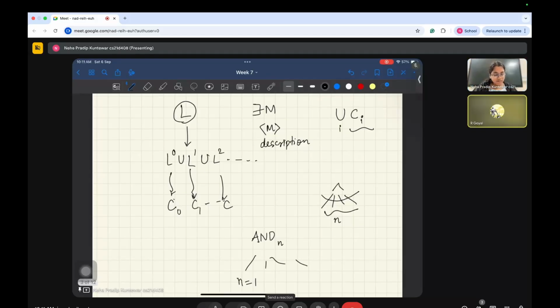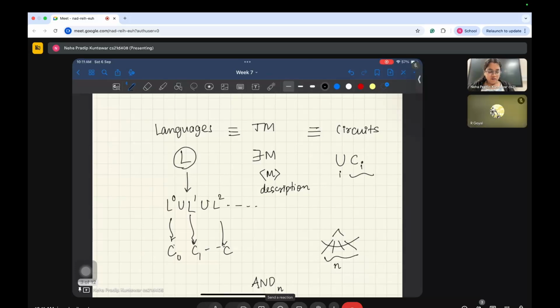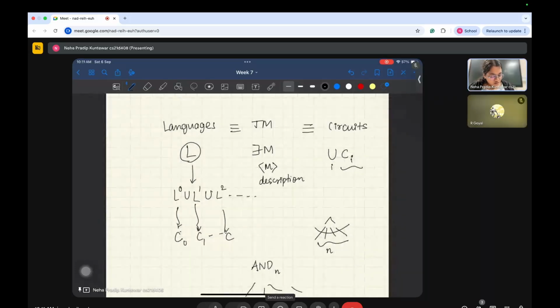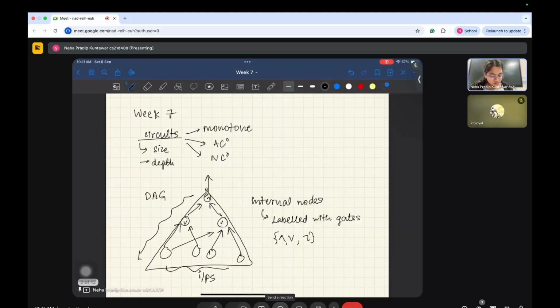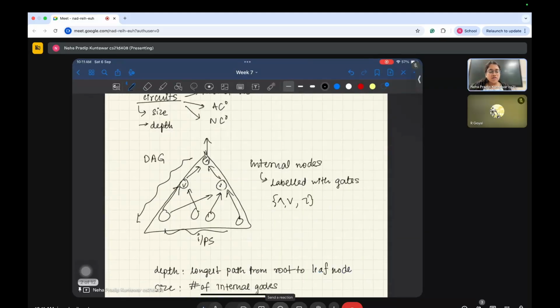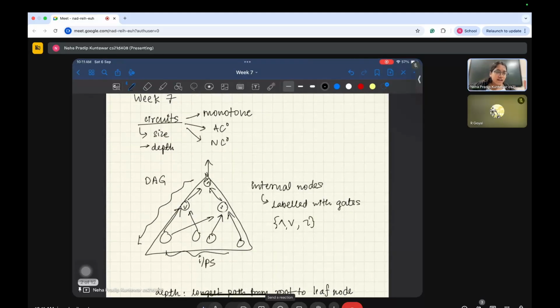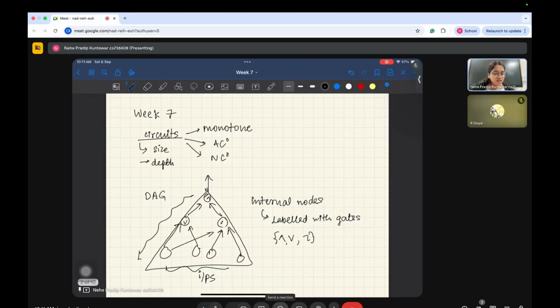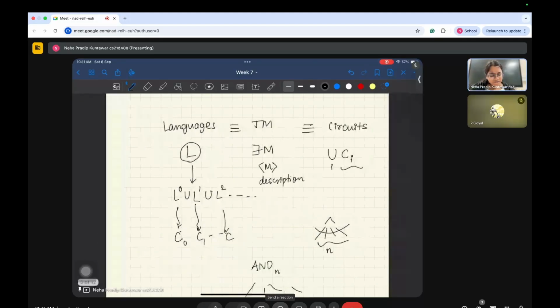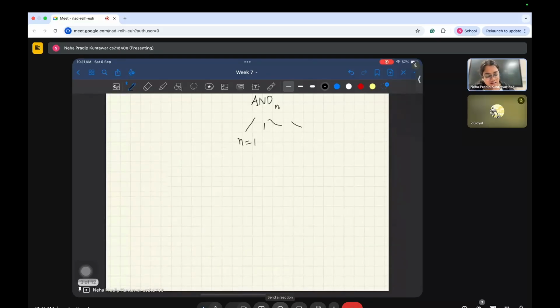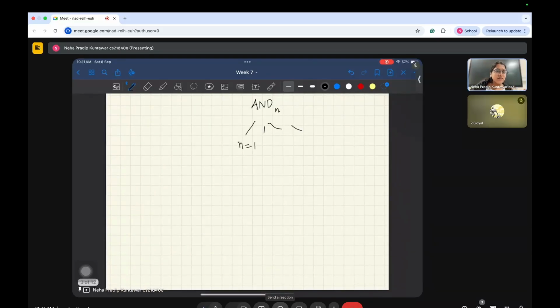Okay, so similar to the hierarchy that we had in the Turing machine model, we can think of restricting our circuits with respect to the depth and size parameters.